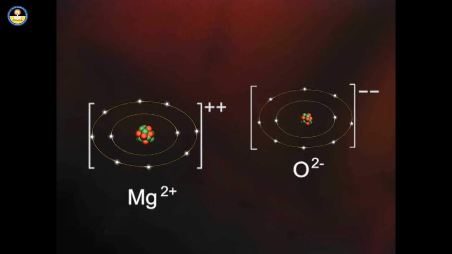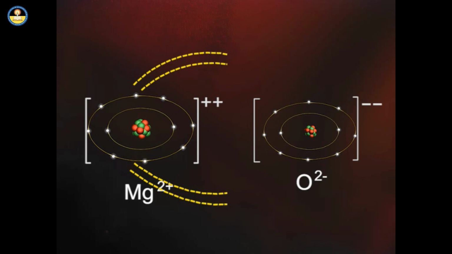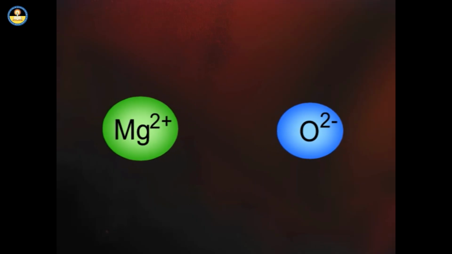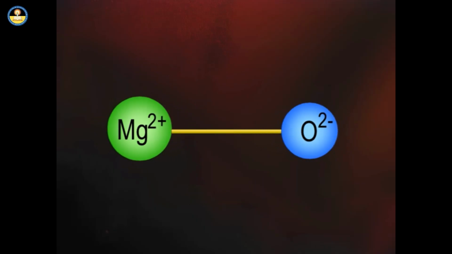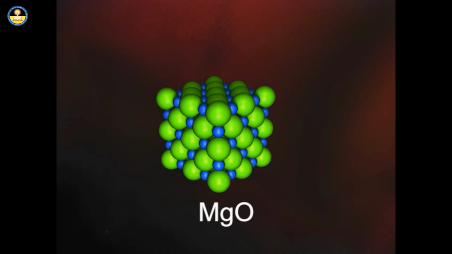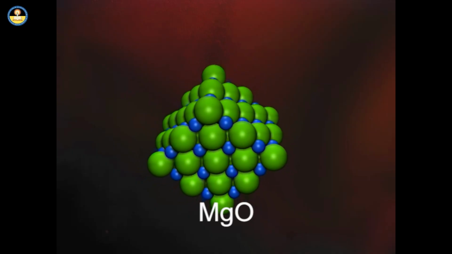The resulting oppositely charged ions of magnesium and oxide are held by strong electrostatic forces of attraction. This forms an ionic or electrovalent bond between them in the ratio of 1:1, resulting in the chemical formula MgO for magnesium oxide.